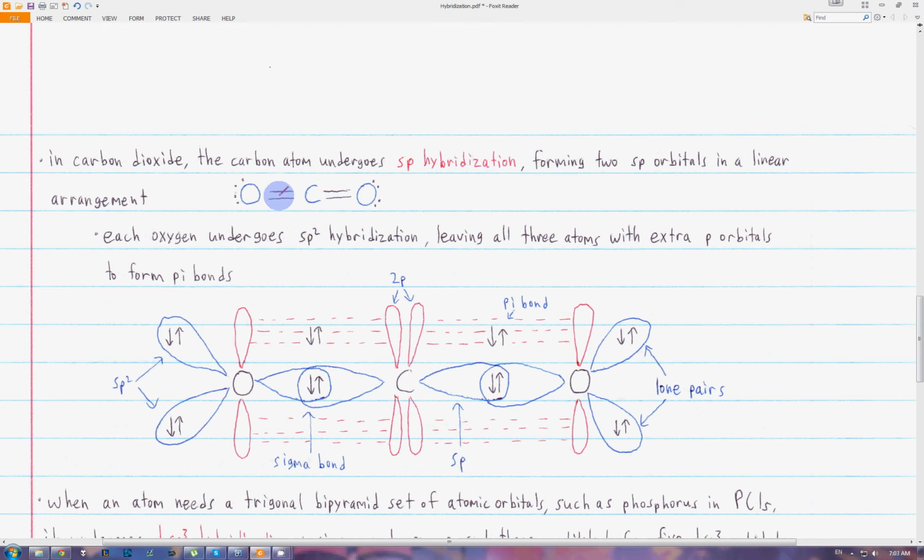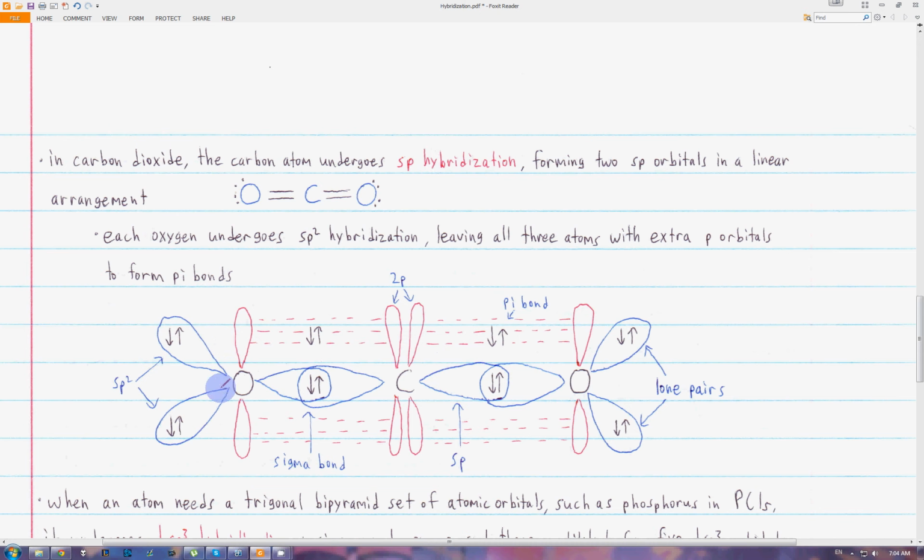And so in carbon dioxide, the C undergoes sp hybridization, and then each oxygen needs three spaces, one for this double bond and two spaces for each of its lone pairs. So the oxygens undergo sp2 hybridization, which forms that trigonal planar arrangement. So notice how the oxygens each have one leftover p orbital, while the carbon has two leftover p orbitals, since it only used one for sp hybridization.